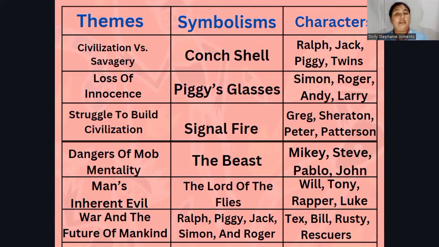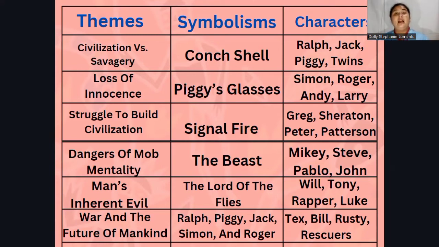Ralph comes to realize that social order, fairness, and thoughtfulness have little value in a world where basic survival is a struggle, such as after a devastating war.